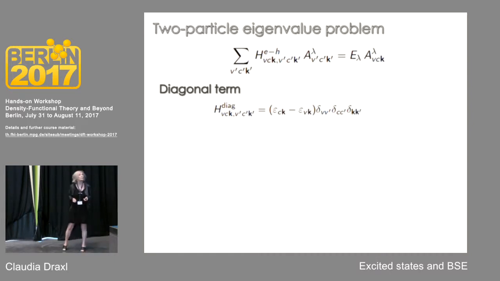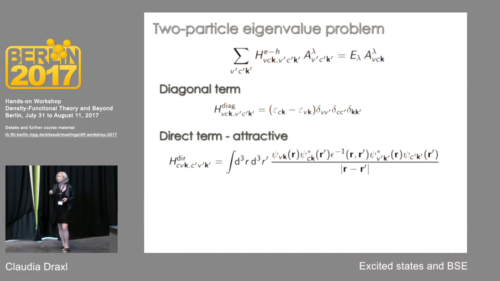But if you switch on electron-hole interaction, there's two more terms coming into play. The first one, the direct term, and this is attractive. This really makes the Coulomb attraction between the electron and the hole. Because it's quite cumbersome to compute. It scales basically like Hartree-Fock, has this four wave function inside. But very important, in contrast to Hartree-Fock, you see that this term is screened. So here again, you have this Coulomb potential, but this Coulomb potential is screened by the dielectric matrix that comes into play here.